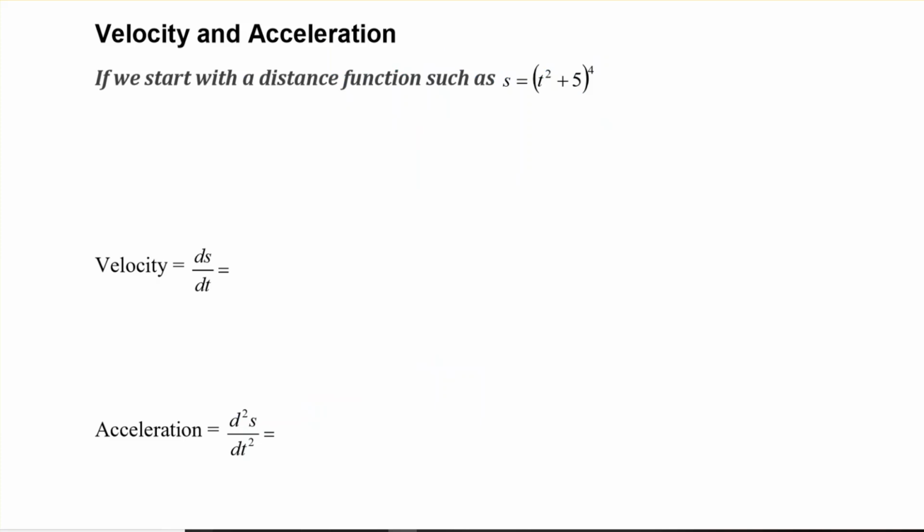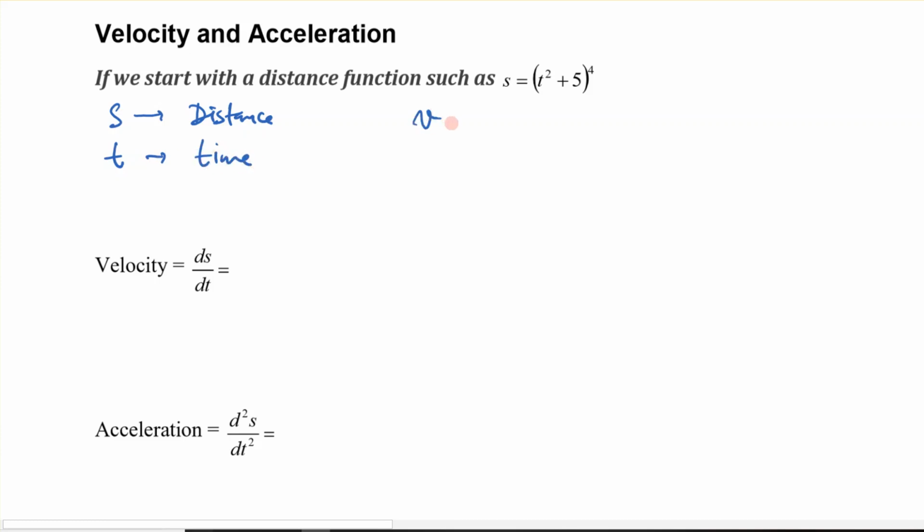One of the applications of higher order derivatives is that we use those in motion problems. So if we start with the distance function s, which is dependent on time t, so let's say s is our distance function and t is our time.